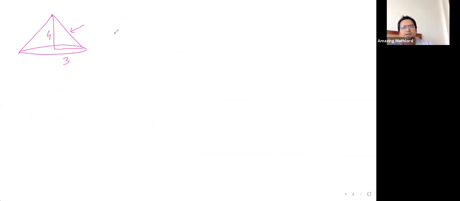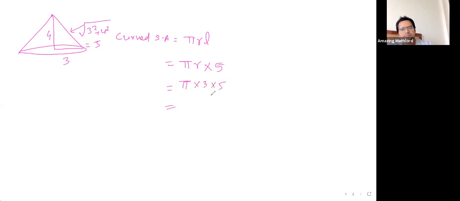So the curved surface area is going to be pi r times L. Now we don't know L. So L we can find out using Pythagoras Theorem, which is 3 square plus 4 square, which gives 5. So pi r times 5, which is pi times 3 times 5, which is 15 pi as the curved surface area.